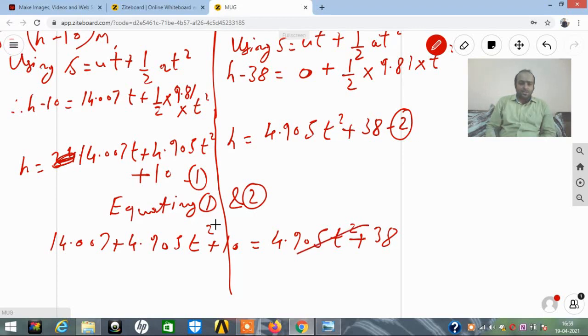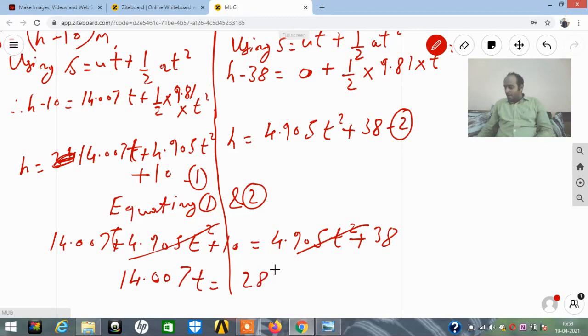The 4.905 t square cancels out. Then 14.007 t is equal to 38 minus 10, that is 28. So t is 28 divided by 14.007, which is 1.999, approximately 2 seconds.